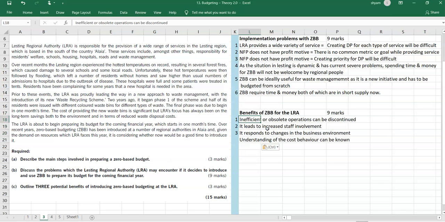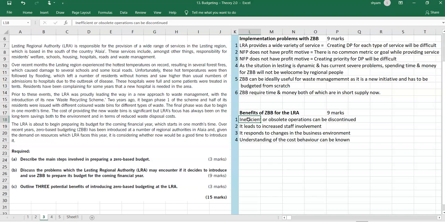So inefficient or obsolete operations can be discontinued. It leads to increased staff involvement. It responds to changes in business environment, understanding the cost behavior. Okay, so even though these are general points, you can still write them. Just you have to write how they are related. Mostly they are related here.